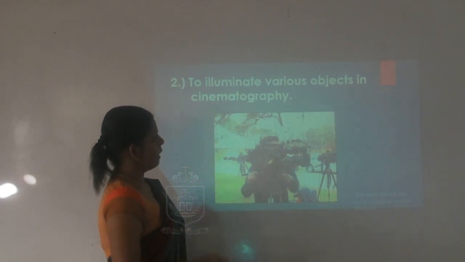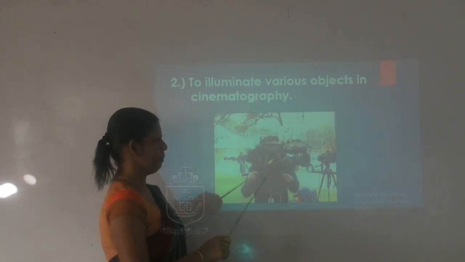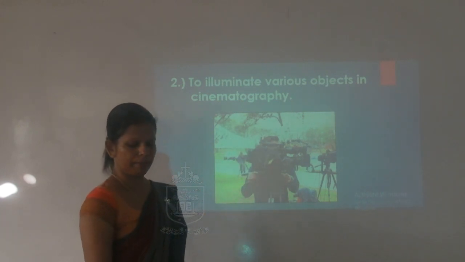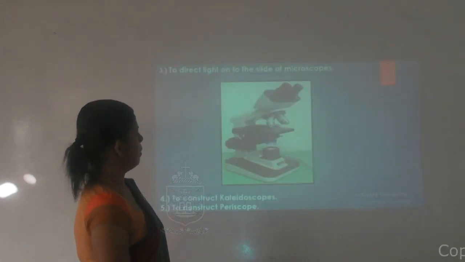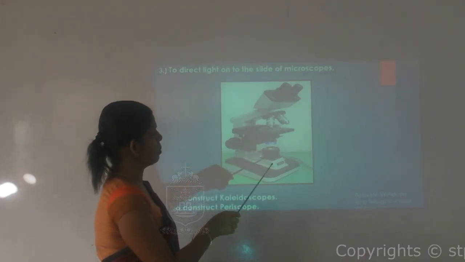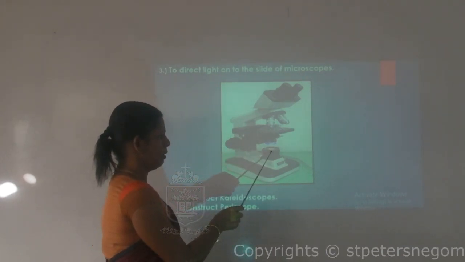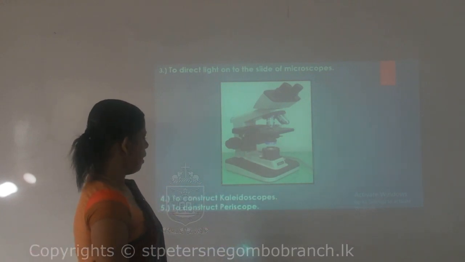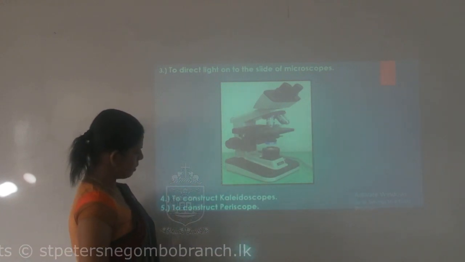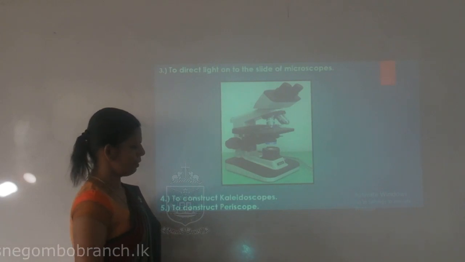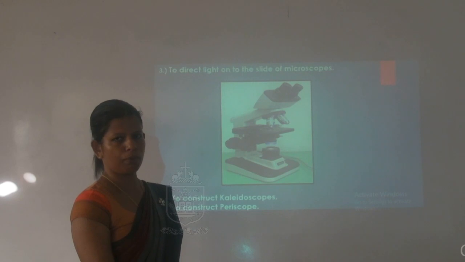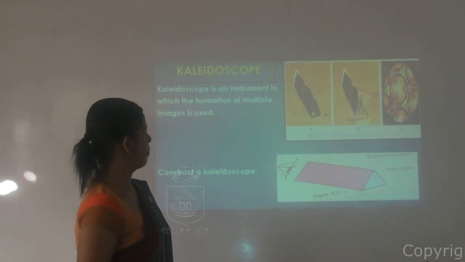To illuminate various objects in cinema and cinematography, we can use plane mirrors. In the microscope, we can direct the light beam using plane mirrors. The other ones we are going to talk about are to construct a kaleidoscope and a periscope. We are going to talk about what a kaleidoscope is and what a periscope is.